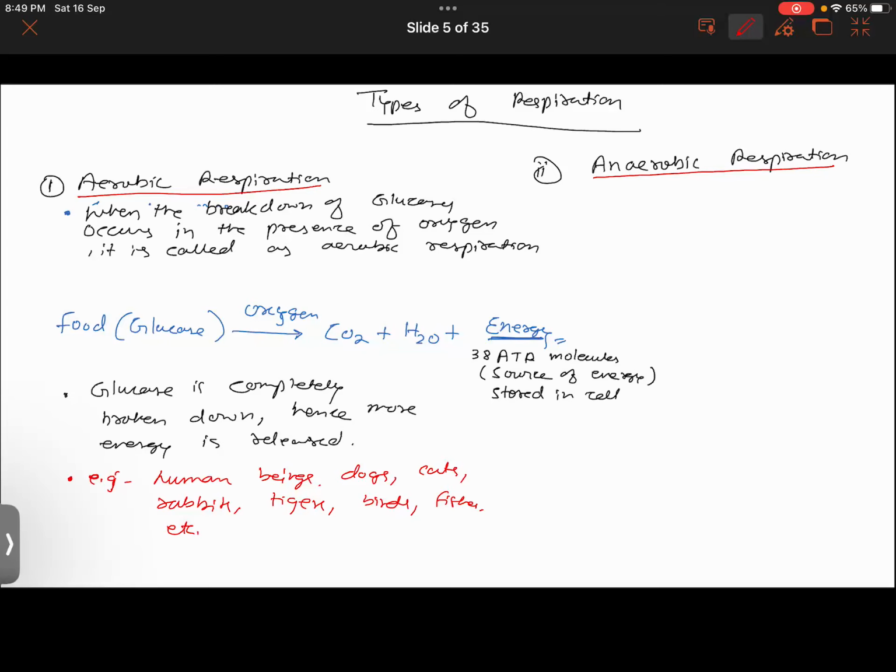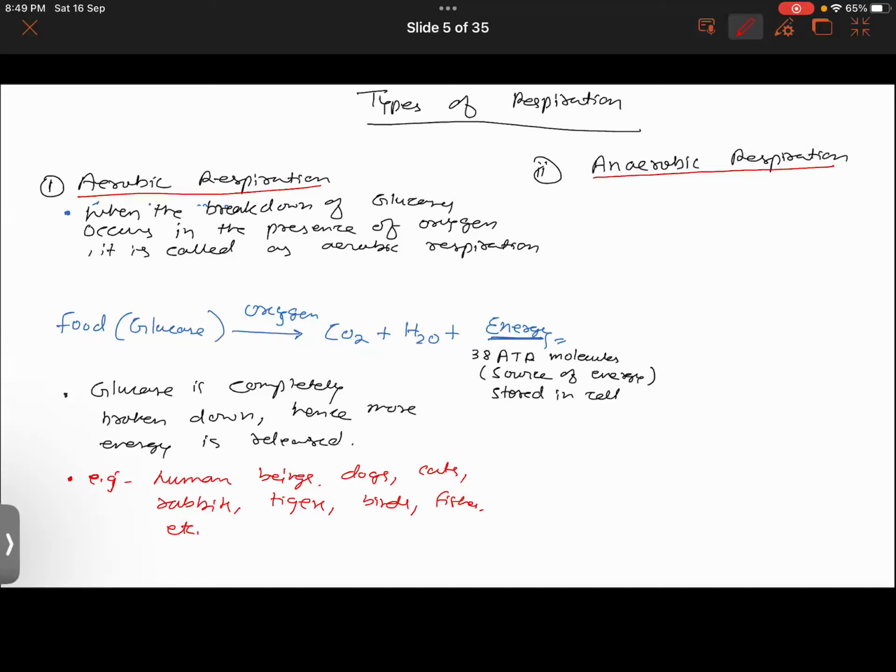What about aerobic respiration? It occurs in some of the living organisms, and oxygen is required for it.